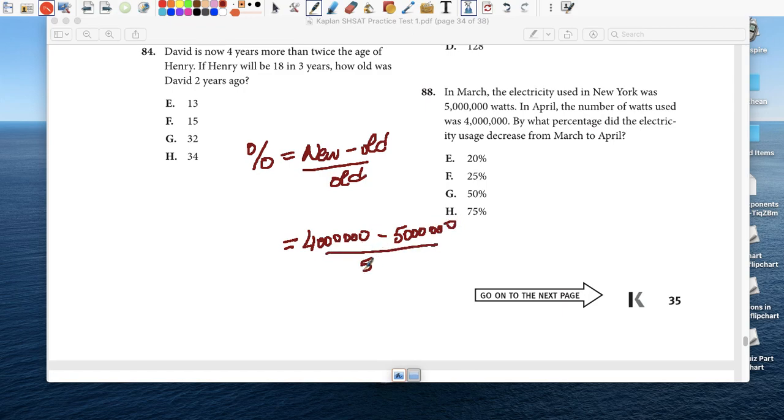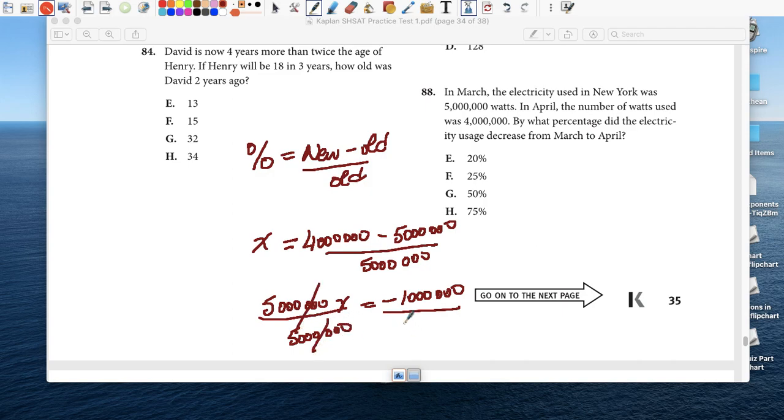Over 5 million. We'll call this X for now. Cross multiply. You're going to get 5 million X. Then we subtract these, we're going to get negative 1 million, and divide both sides by 5 million.